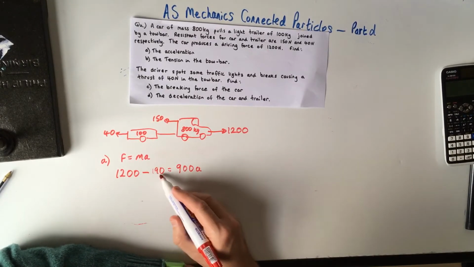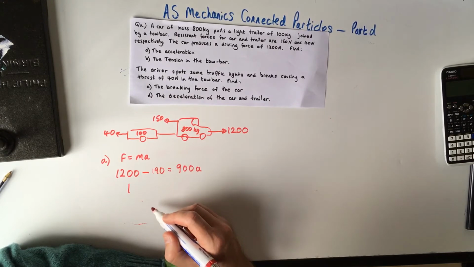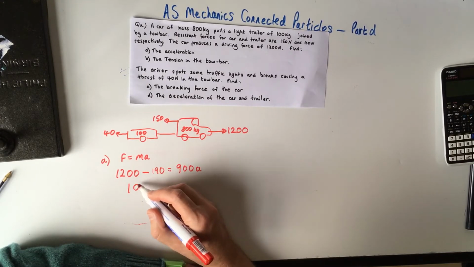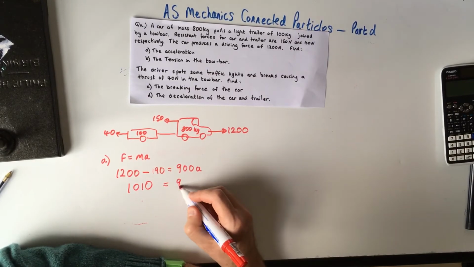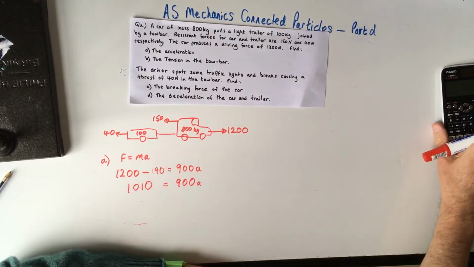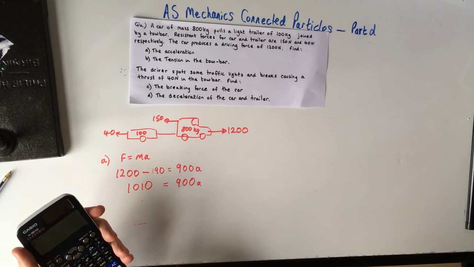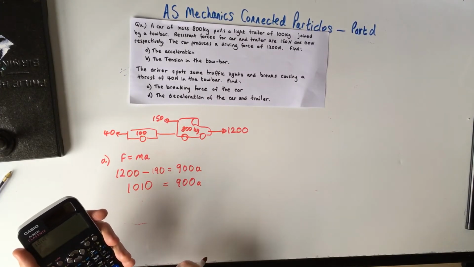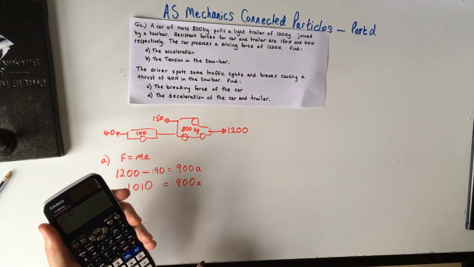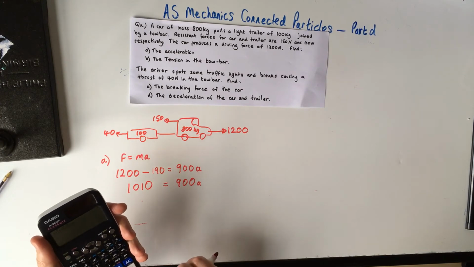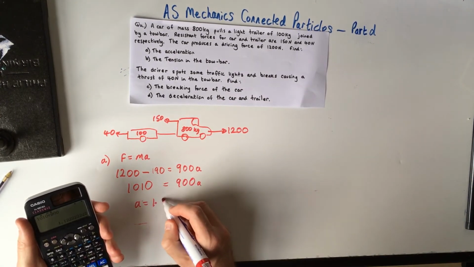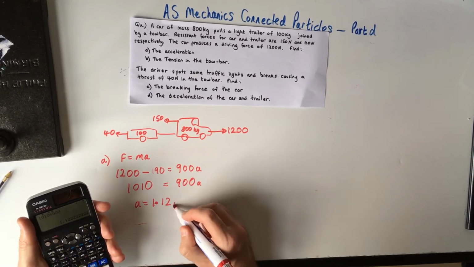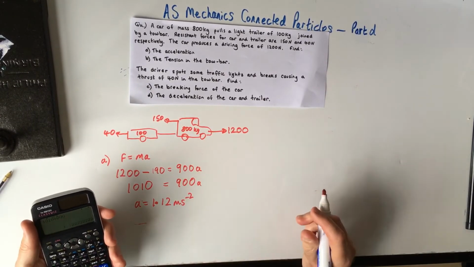So that take away that is 1010, is that right? Yeah, it is equal to 900 A, and then if we divide 1010 by 900, I get an acceleration of 1.12 recurring meters per second squared.